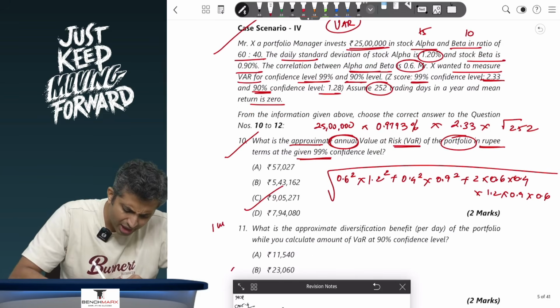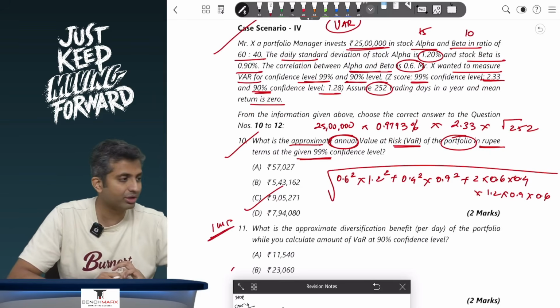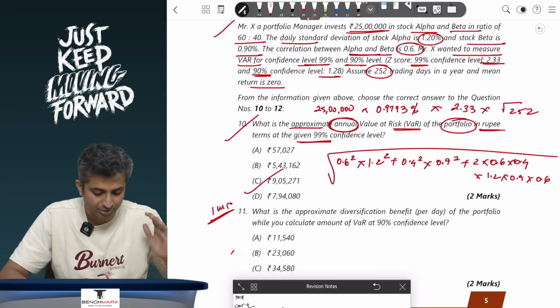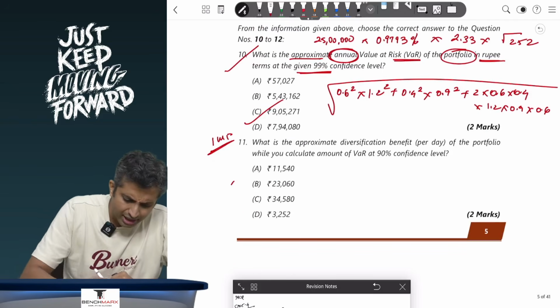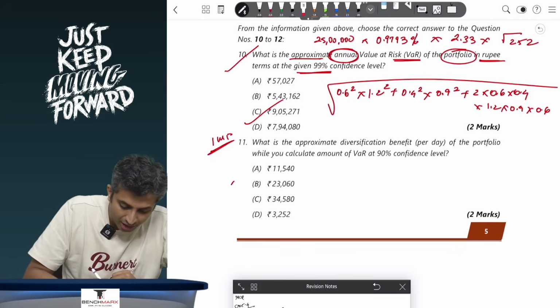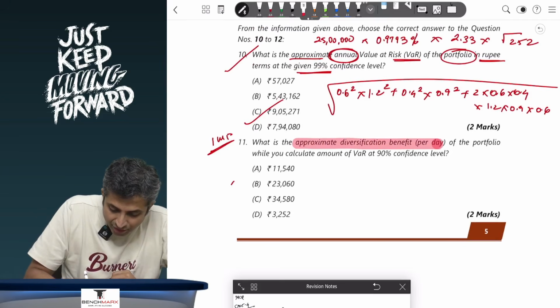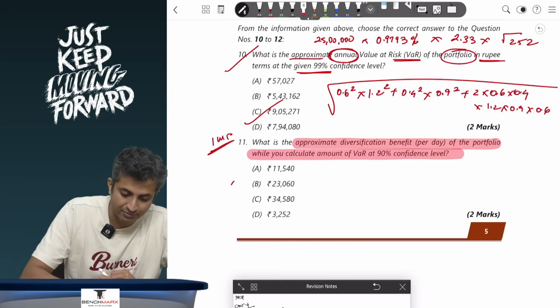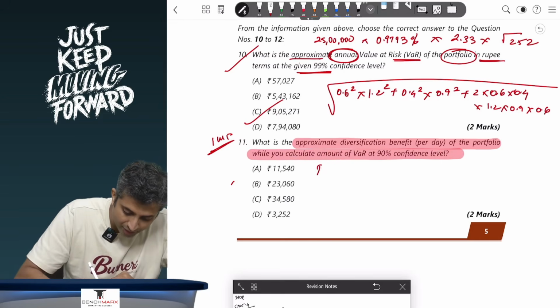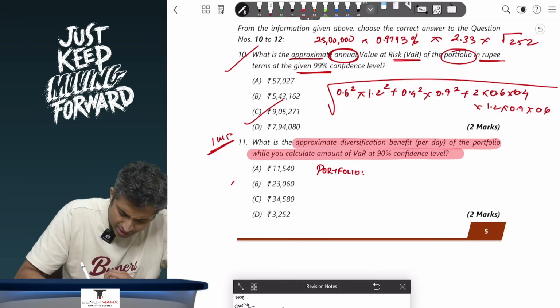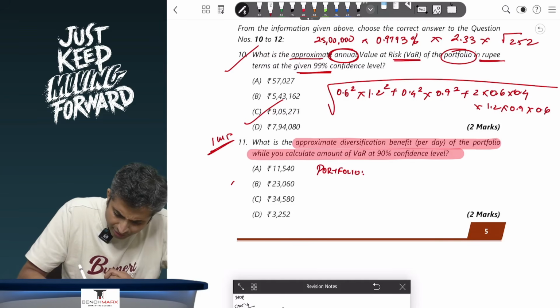Now I would say 11th is an important MCQ. It is a slightly different MCQ as compared to the others. You might not have even done this in VAR. What is the approximate diversification benefit per day of the portfolio when you calculate VAR at 90% confidence? Which means if I try to find a portfolio VAR at 90% confidence, this is on a per day basis.